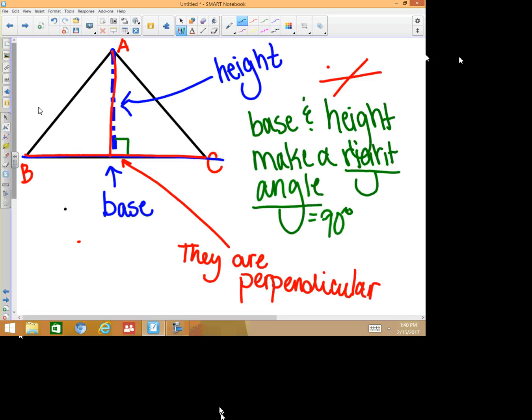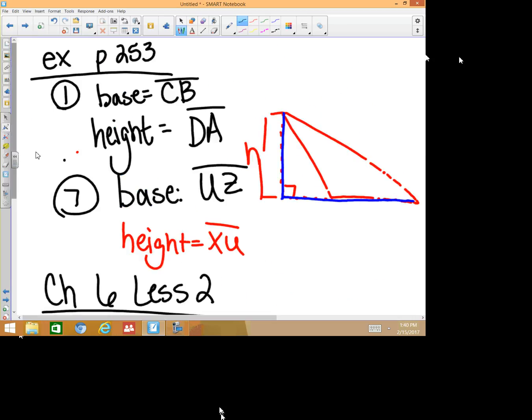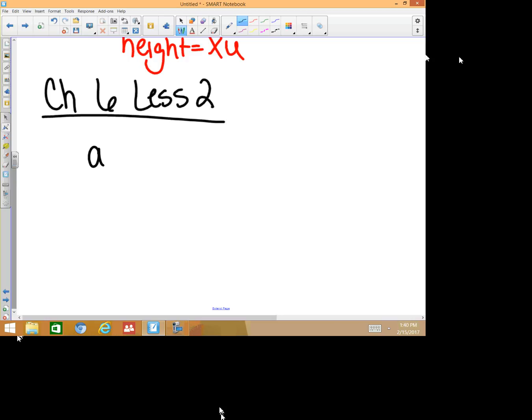Lesson 2. Are you ready? Lesson 2 is over area of a triangle. Area of a triangle is easy. I teach mine different than your book. When we do area formulas, we use letters.